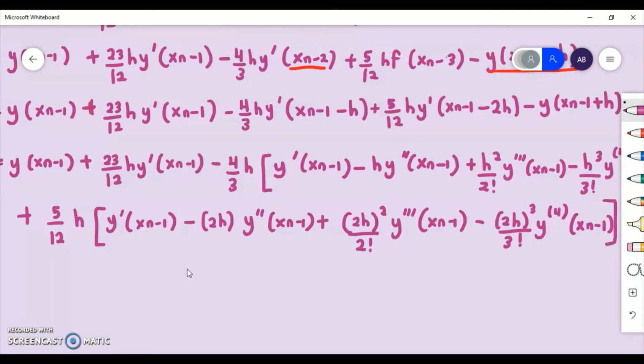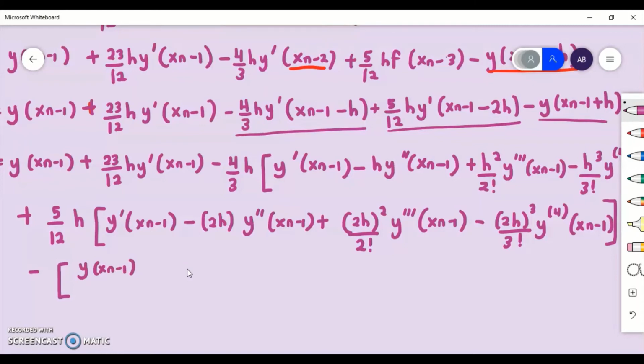Okay, and then this term is already expanded. All we have to do is this term here, so minus the whole bracket here. y at x_{n-1}, that's the first term.